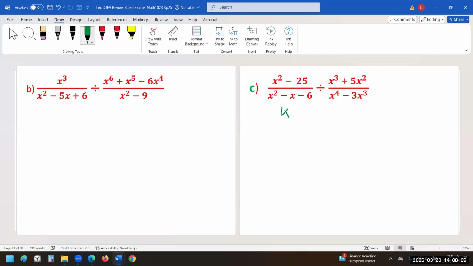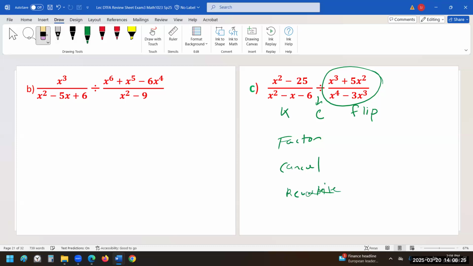First, you keep the first fraction, change your division into multiplication, and you flip your second fraction. Then you do factoring, cancel, and rewrite. So if you know how to multiply, you know how to divide.